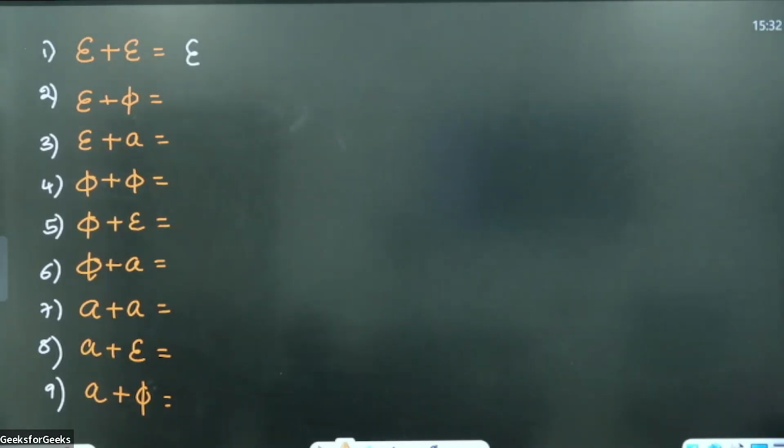Remember one thing, pi generates nothing, epsilon generates only epsilon, a generates only a. Then how will you conclude the answers? You can try to simplify it if you can understand. This plus is not a mathematical plus, remember. It is the R operator.